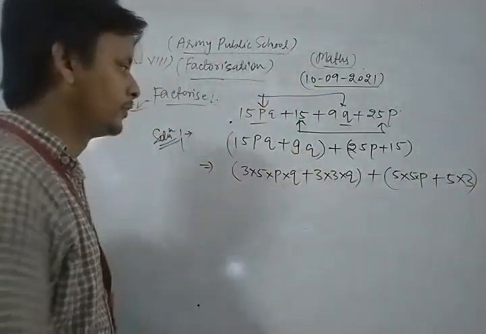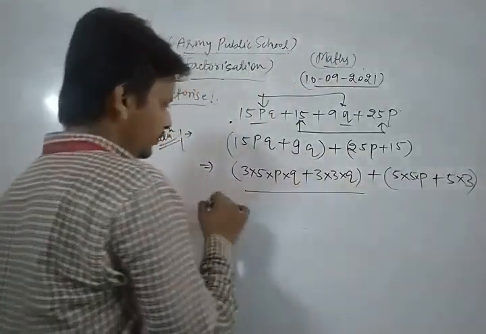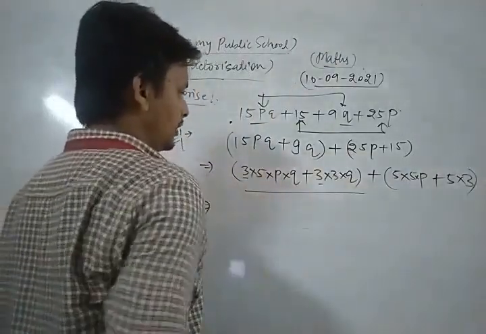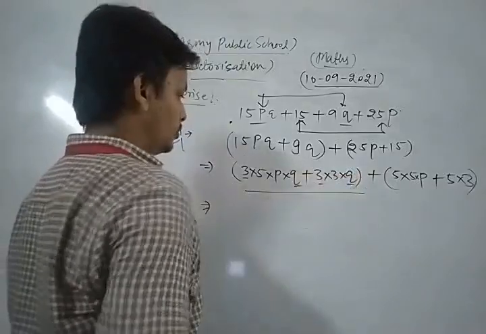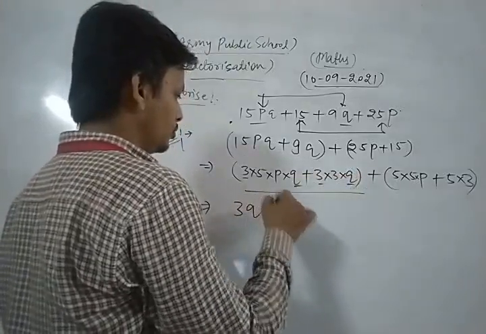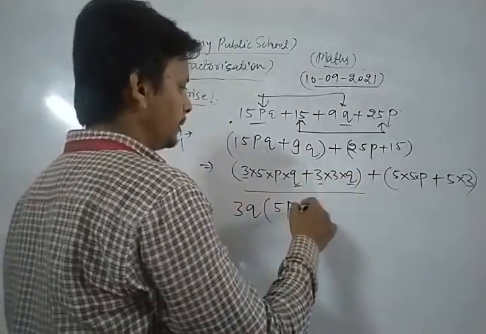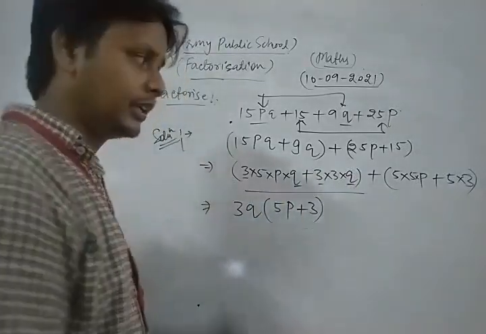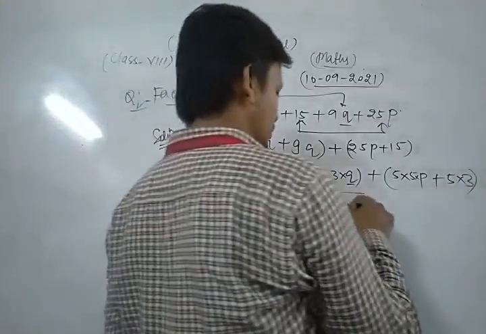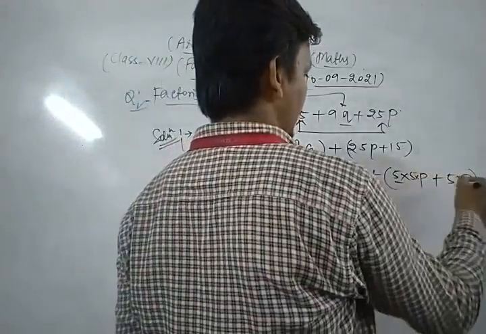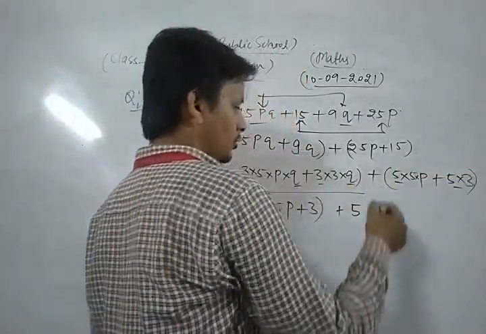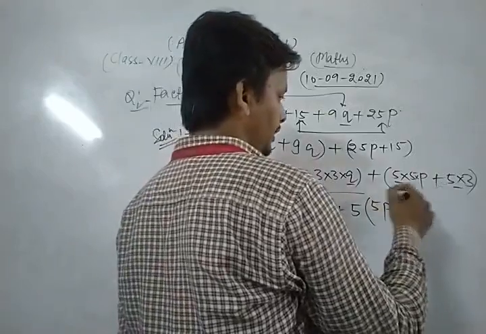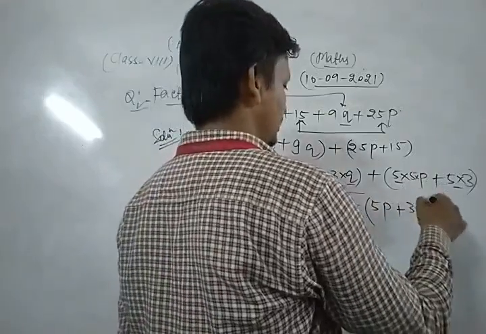Now look, in the first two terms we take 3q as common, so we get 5p plus 3, and from the other two terms we take 5 as common, so we get 5p plus 3.